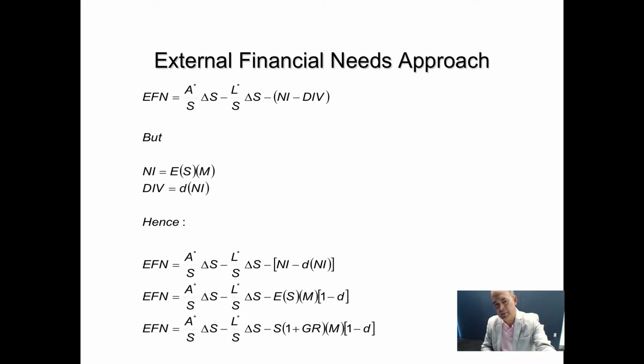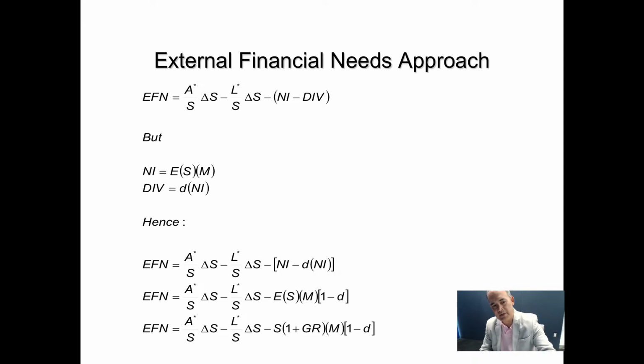Actually, this external financial needs formula can be represented in an alternative way, which is the last line of the slide. To do so, we need to remember that net income is equal to my expected sales times my profit margin, and dividends is equal to the dividend payout, the small d, times the net income.